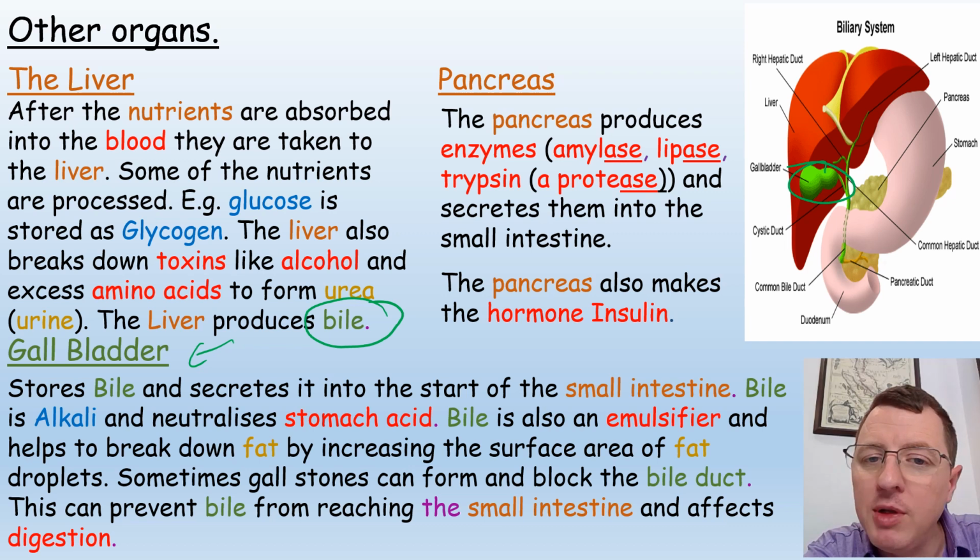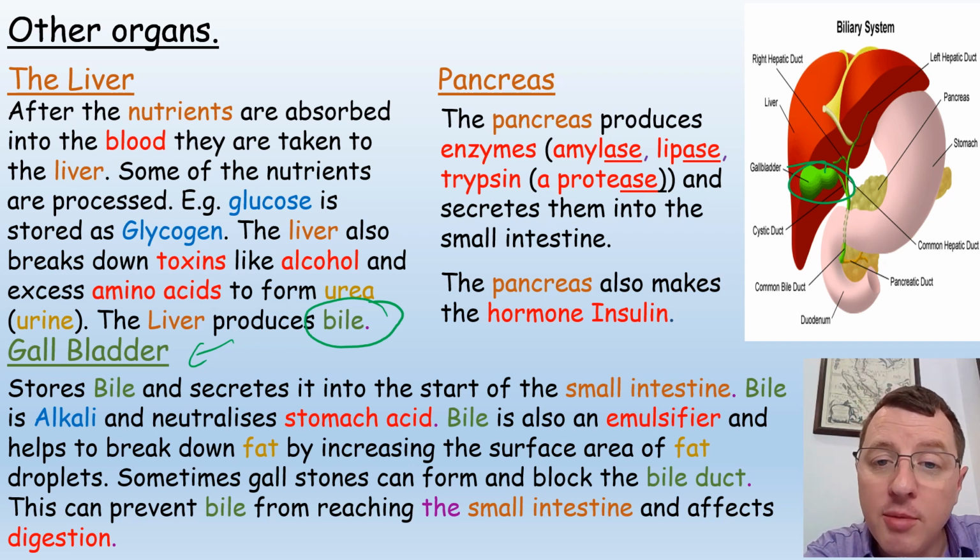The third organ we need to consider here is the pancreas. Now the pancreas will produce enzymes, in particular amylase, which breaks down starch, lipase, which breaks down fat, and trypsin, which is a particular type of protease which will break down proteins.